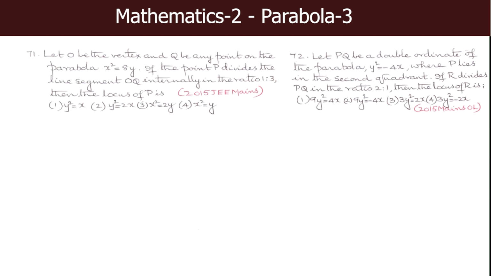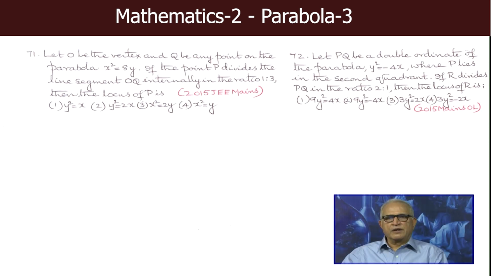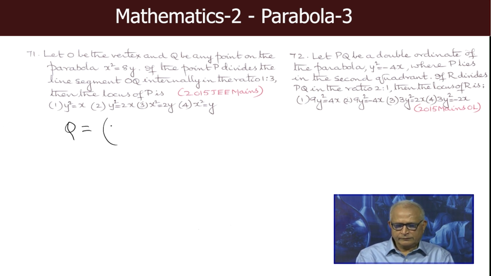Next, let O be the vertex and Q any point on the parabola x square equal to 4y. Q be any point on the parabola, so that is (2t, t square). That is a point on the parabola.